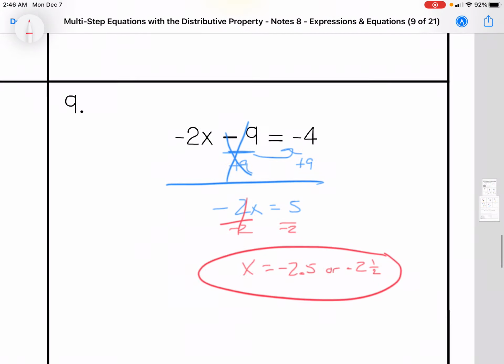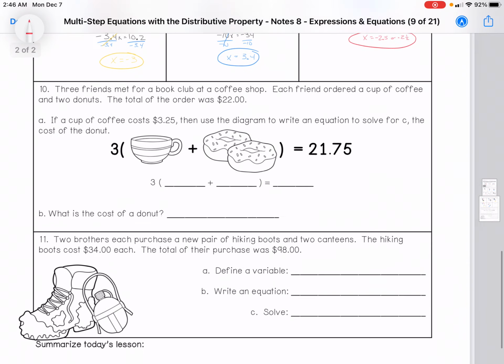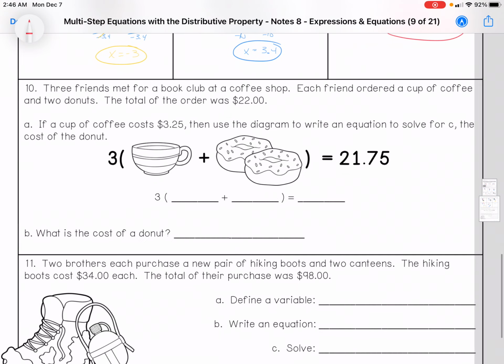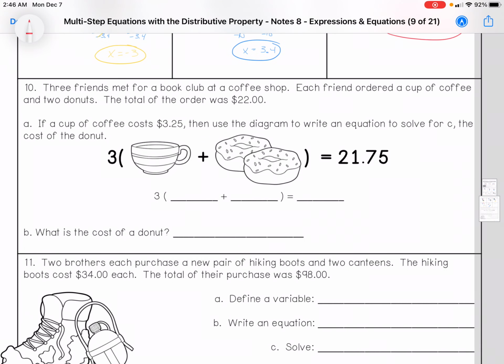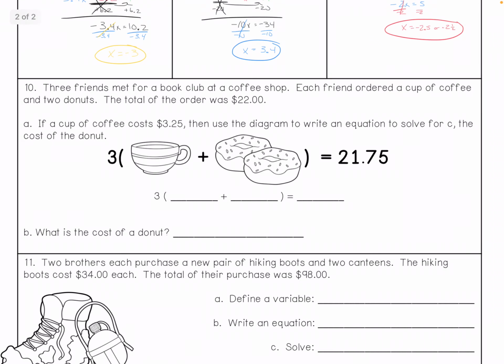All right. Let's go to this word problem that you guys are just going to love. So three friends met for a book club at a coffee shop. Each friend ordered a cup of coffee and 2 donuts. The total of the order was $22.